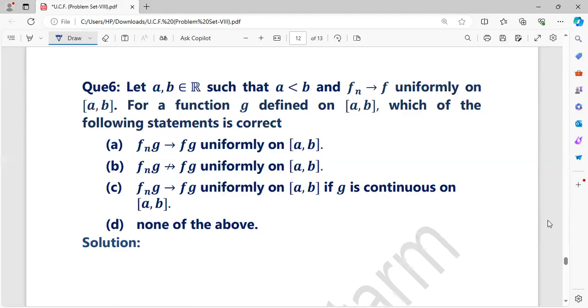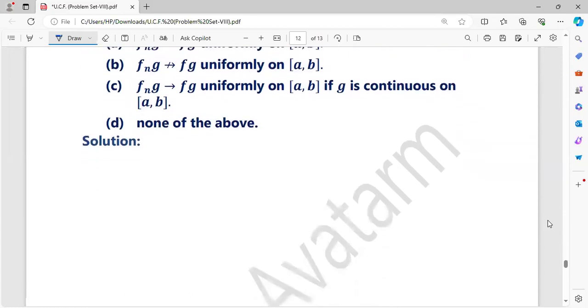Fn into G converges to FG uniformly on [a, b]. Fn into G does not converge to FG uniformly on [a, b]. Fn into G converges to FG uniformly on [a, b] if G is continuous on [a, b]. None of them. So it is simple.